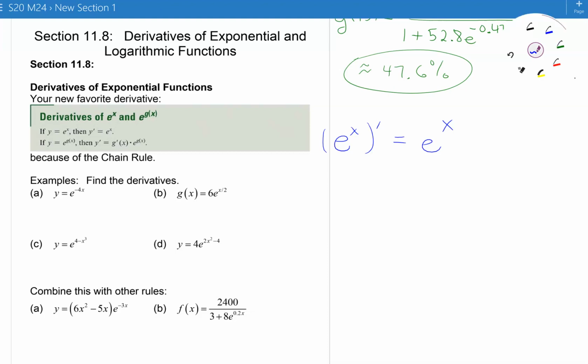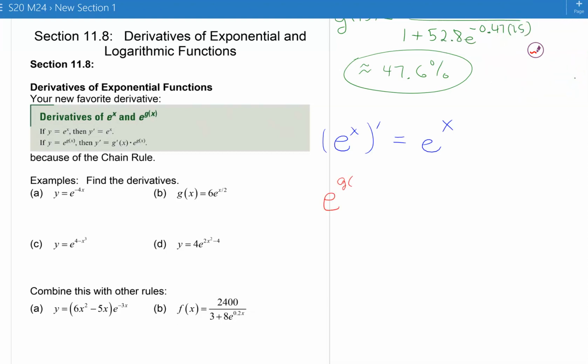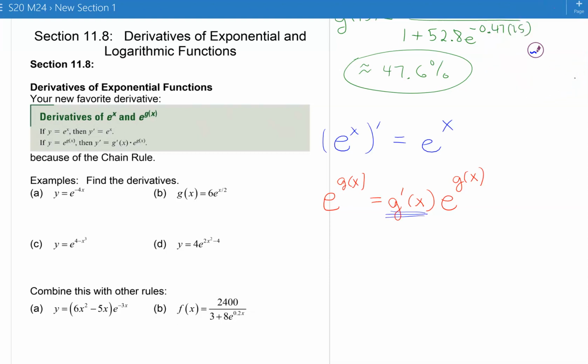But then we also have to take into account, what if it's e to the power of some function of x? Well, then the chain rule tells us it's e to that function of x, don't change that function, times the derivative of the function. So if the exponent is anything but plain vanilla x, you need to times the derivative of the exponent in the front.